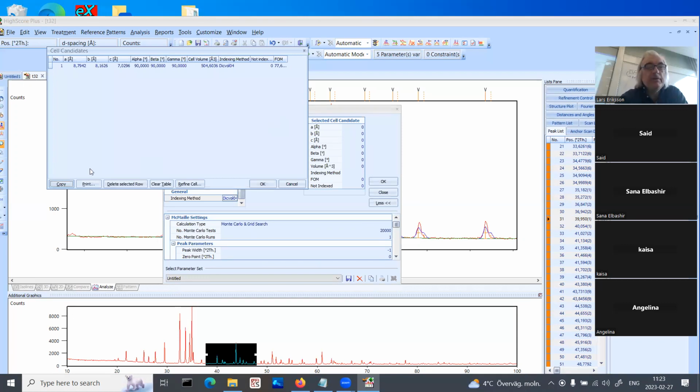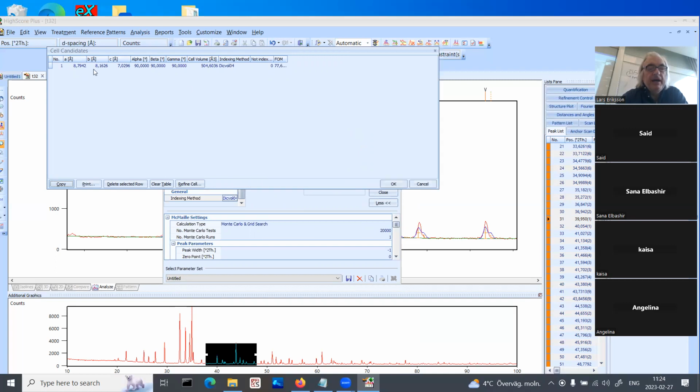And here it comes out a probable unit cell. 8.79, 8.16, 7, 90, 90, 90, 500 cubic angstrom. Not indexed 0. That's good. Figure of merit is 77.